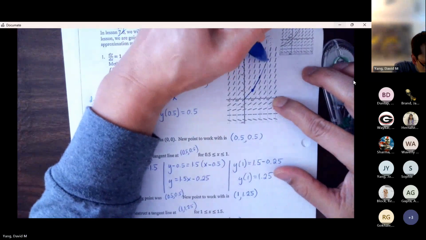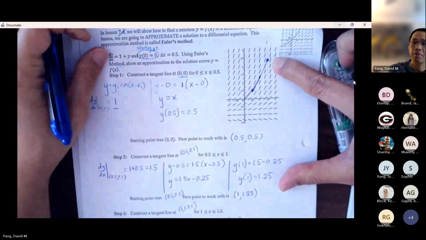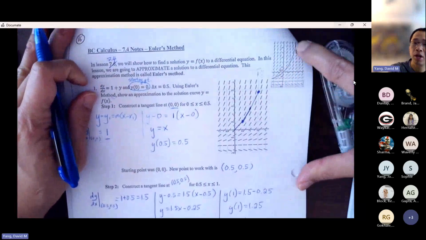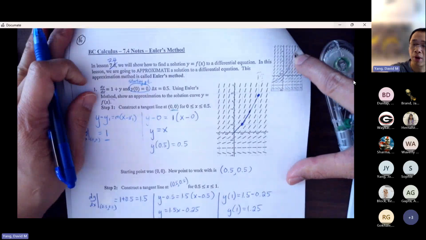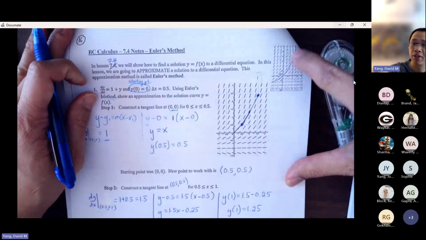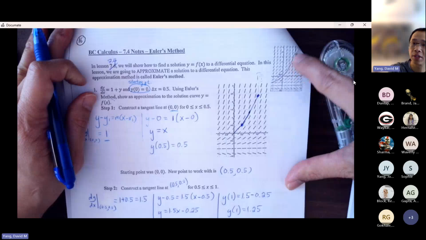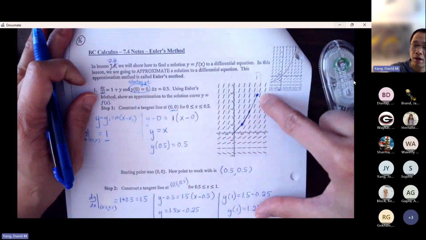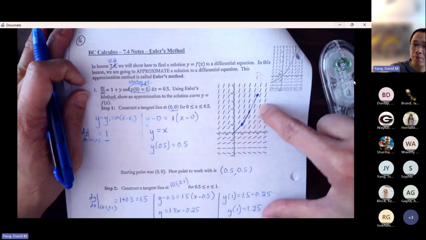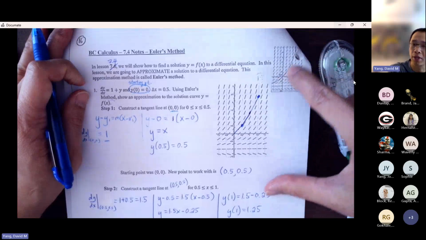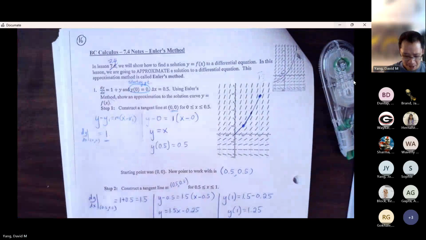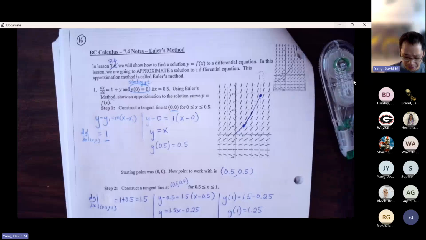We can tell that this mirrors what we see if we were given the actual equation, so our process looks like what we're trying to get towards. But again, this is only an approximation.